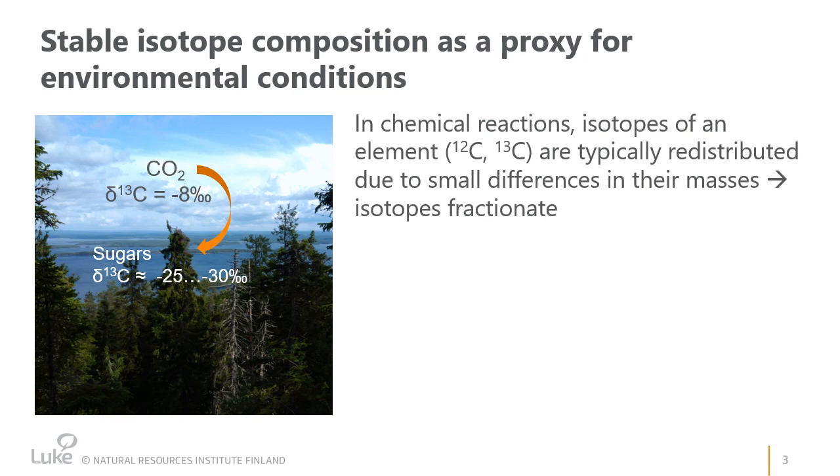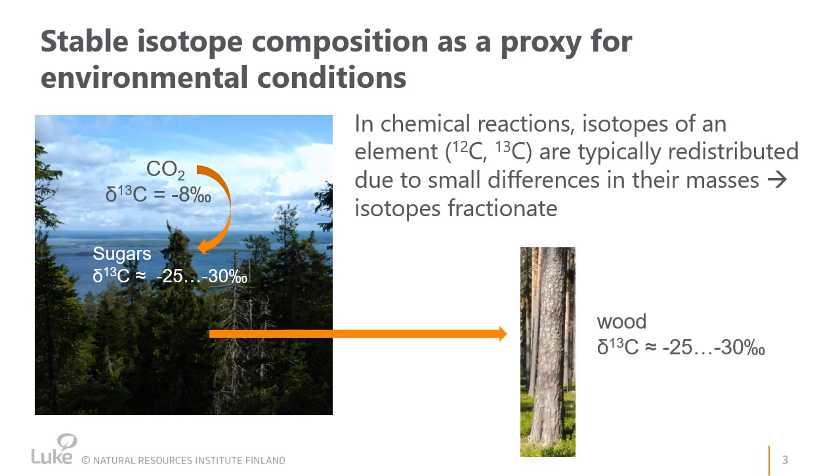And the wood that is formed will inherit the carbon isotope composition of the sugars. There might be some minor alterations due to secondary fractionation processes, but the wood will usually reflect the carbon isotope composition of the sugars.